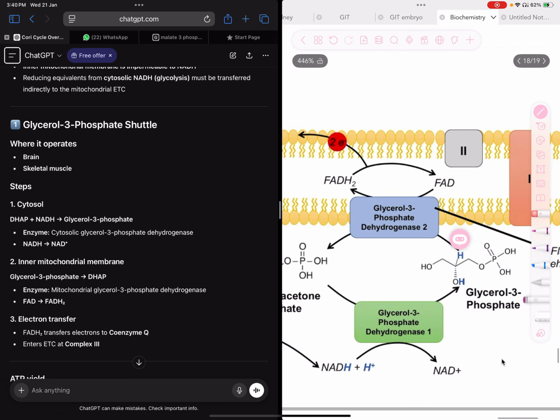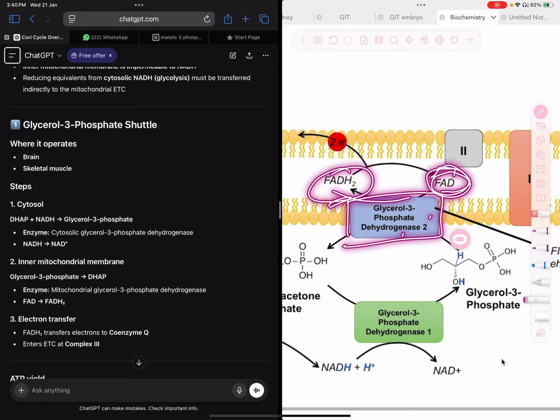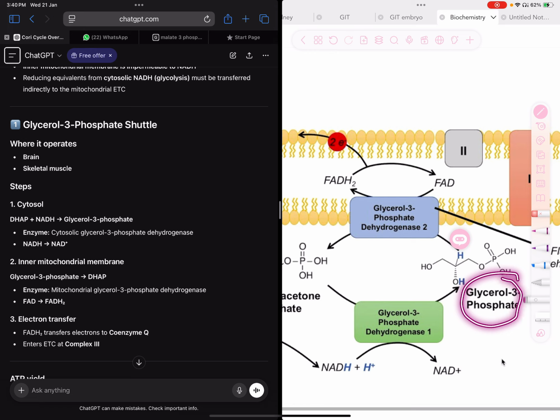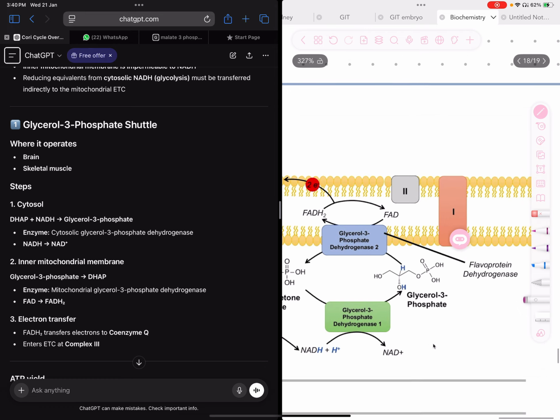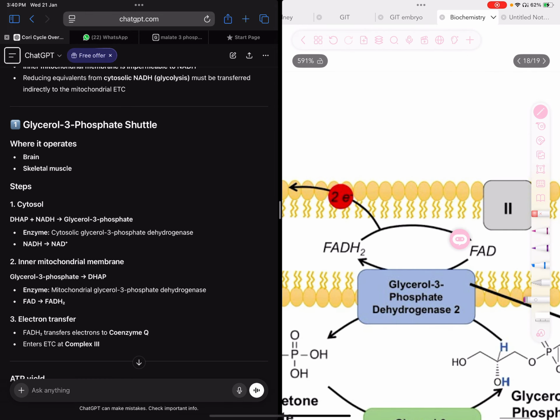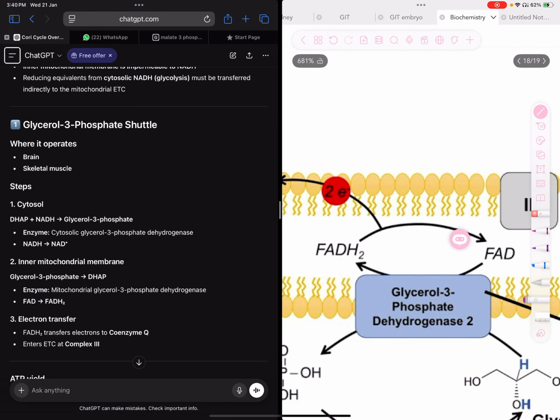There it's going to react with mitochondrial glycerol 3-phosphate dehydrogenase, and for that you also need oxidized FAD, which will get converted to FADH2, and this glycerol 3-phosphate gets converted back to DHAP. That's not much of our concern. What's more of our concern is that we finally got FADH2 because of this reaction. FAD was converted to FADH2.